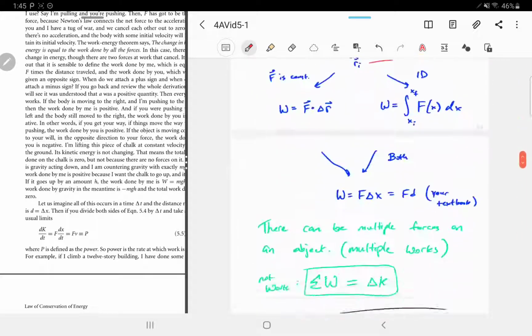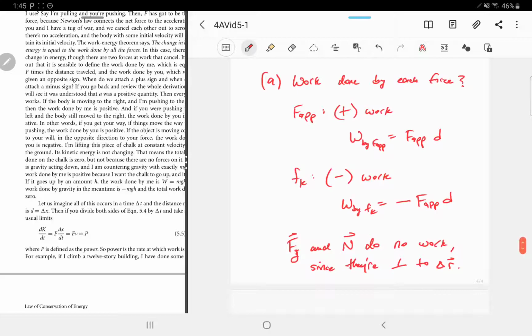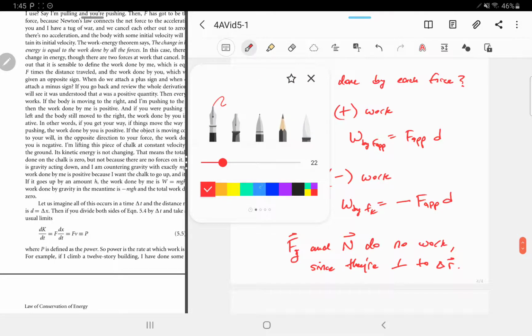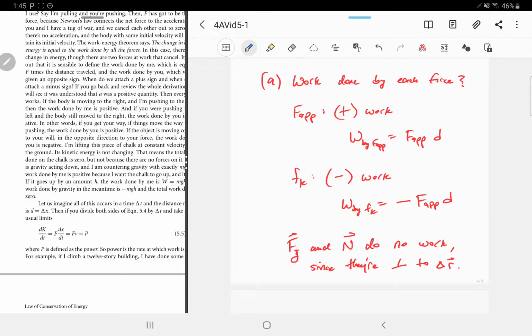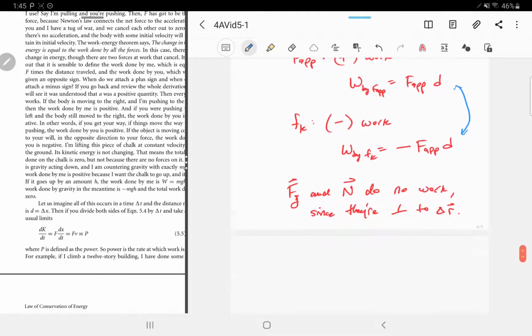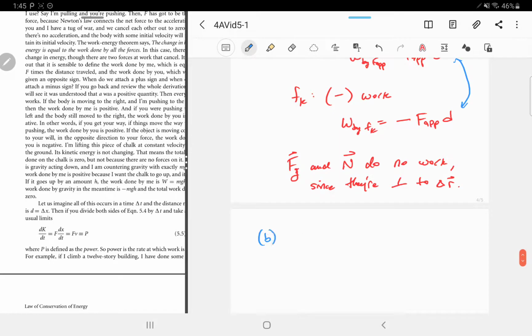Show that the work-energy theorem is satisfied. Well, there are two works, and they are equal and opposite; the other two are zero. So for part B, the sum of all the works is 0. It's F applied times the displacement minus F applied times the displacement, which is equal to 0.